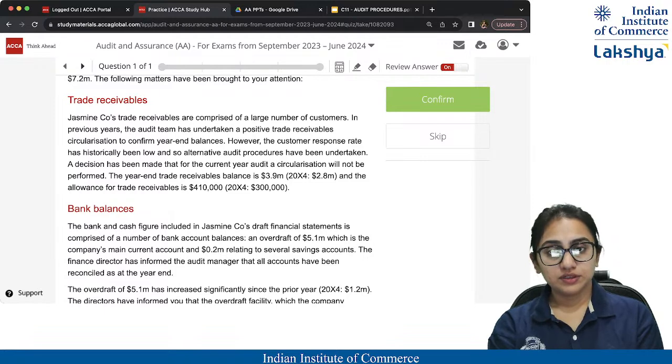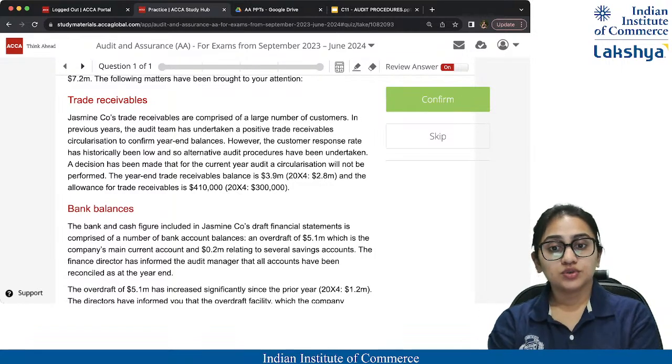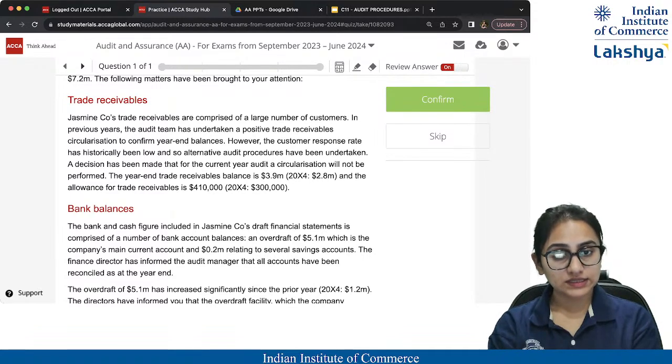Jasmine Company's trade receivable are comprised of a large number of customers. That means there are a lot of receivables. In previous years, the audit team has undertaken a positive trade receivable circularization to confirm year-end balances. So they have taken a circularization from outside people to confirm their balances.